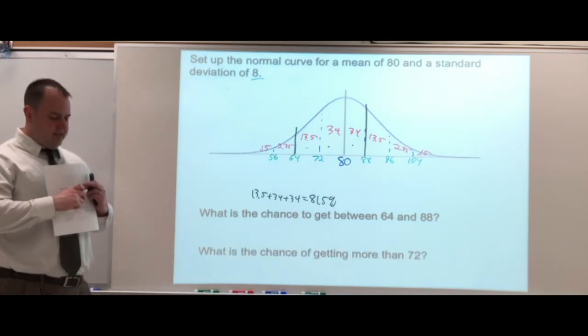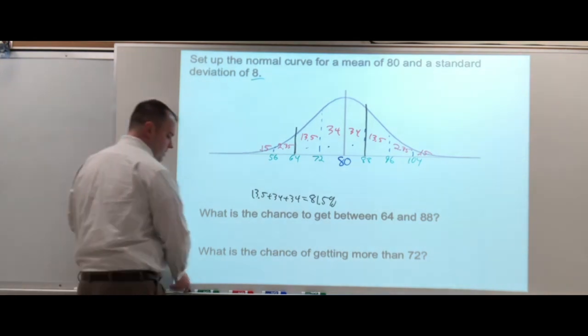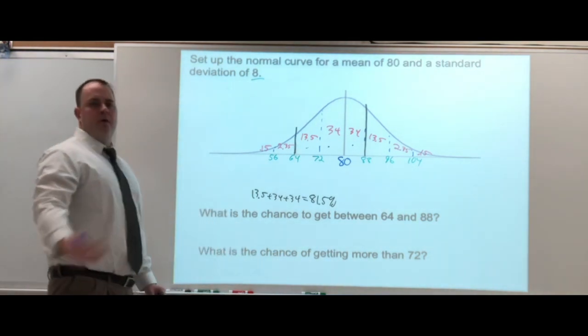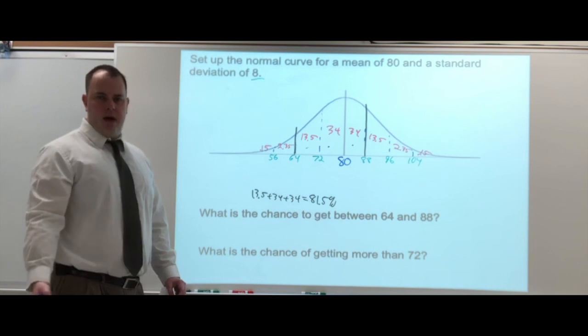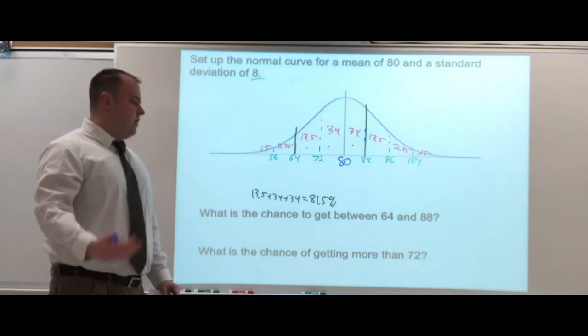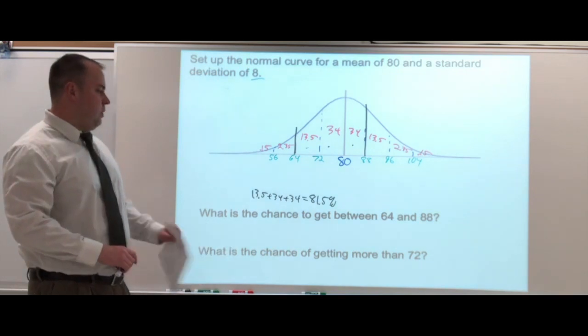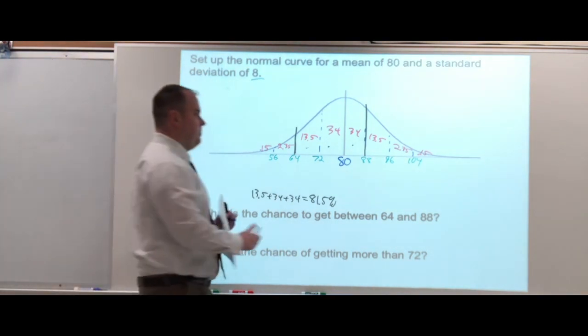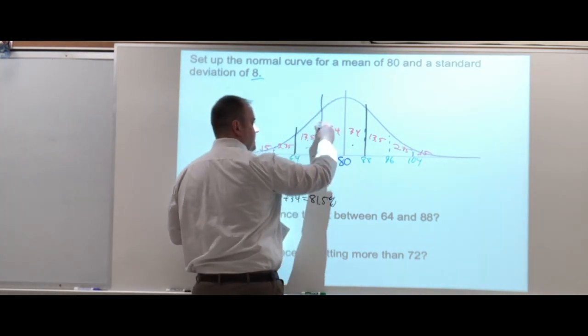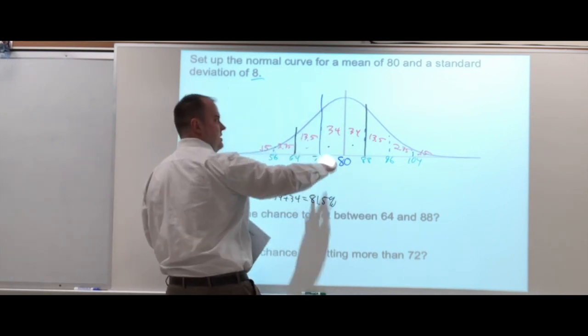Right? It's important you understand the language: at least, more than, greater than, no more than. Those are all terms that you're going to hear a lot in this section. So what's the chance of getting more than 72? Here's our 72. More than is going to be to the right.